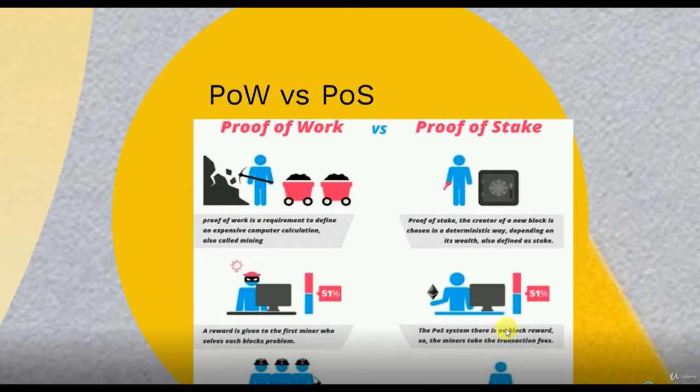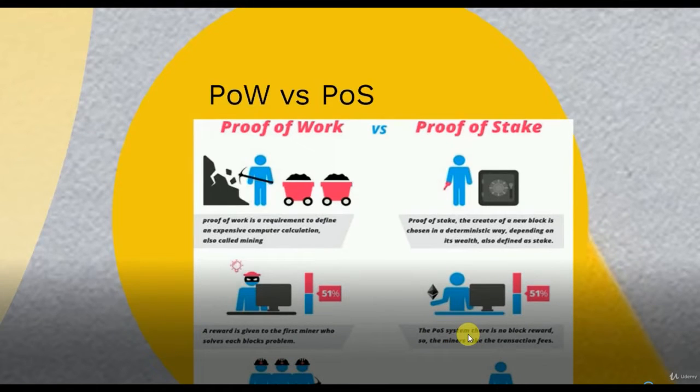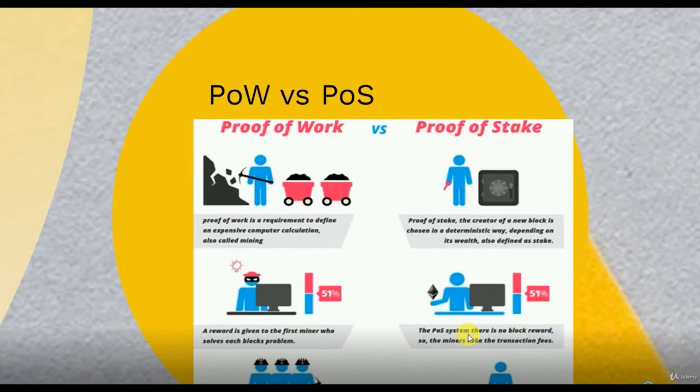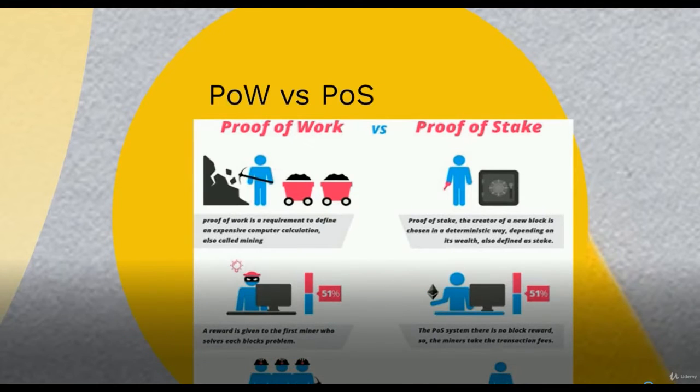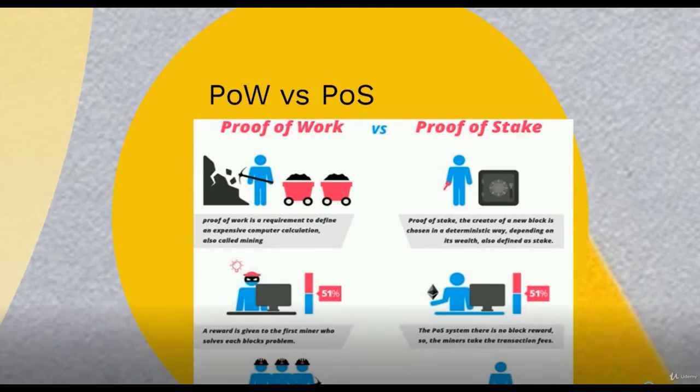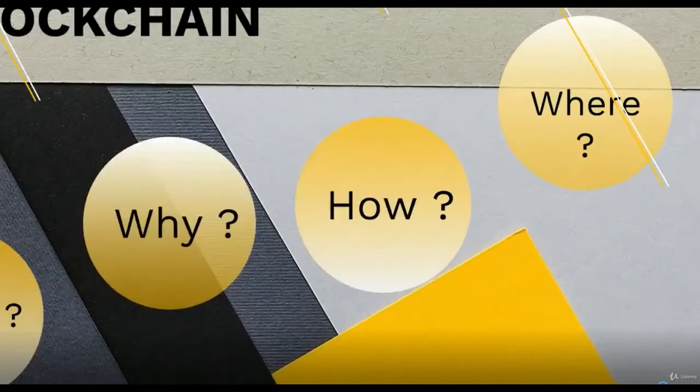But in proof of stake, there are no such rewards given to miners. It totally depends on whoever on the network has the highest wealth of stake; they are the one who is going to create a new block. This is the major difference between proof of work and proof of stake.